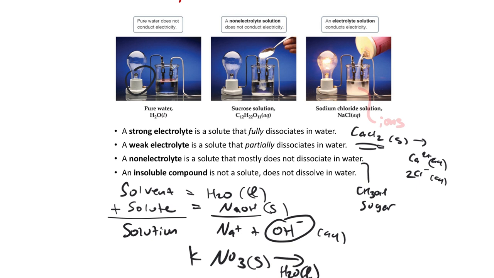If we take KNO3 into water, we get potassium ions, AQ, and then NO3 minus AQ. Now this here stays intact as that nitrate ion. So think about how if you learn how to name an ion, it's probably so stable it's not going to further decompose into water.